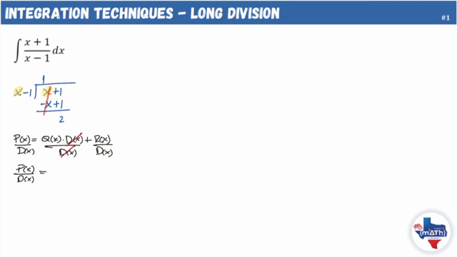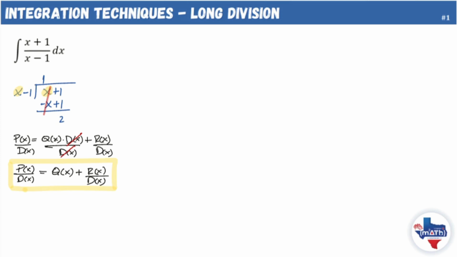These divisors will cancel out and we'll have just the quotient plus this remainder over d of x, the divisor. So we need to find a way to build this from our division.